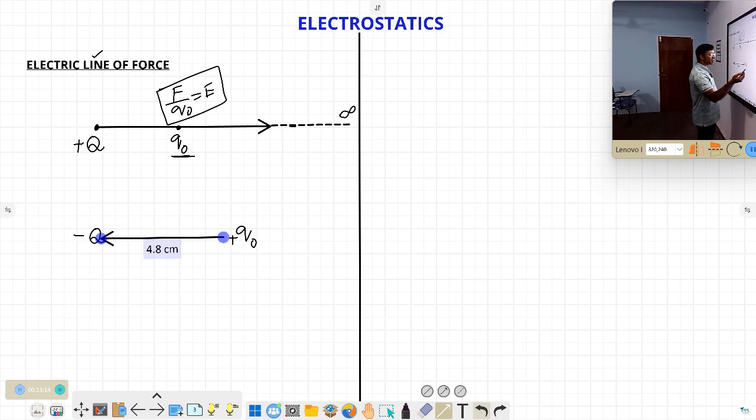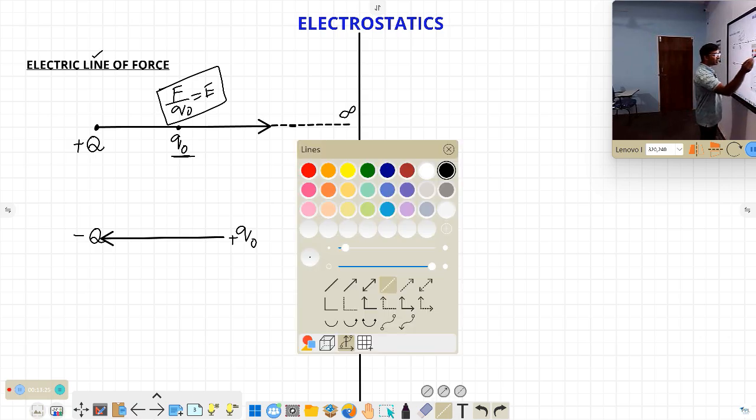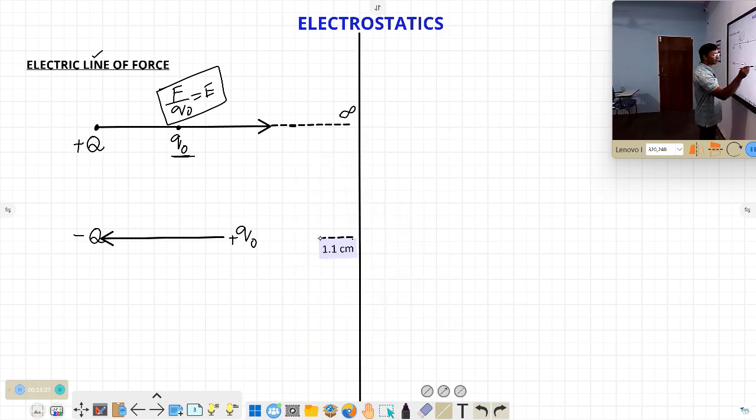But where does it start from? If you take the test charge at infinity, the electric line of force I can also take from infinity. So from infinity, the electric lines of force act like this.